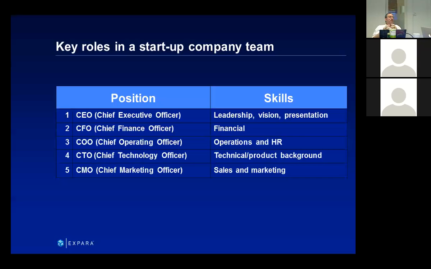But the question is about the CEO, and the share of the CEO is the smallest part of the total, and the marketing, the CMO, has the biggest share, and everybody in the company listens to him, not the CEO.